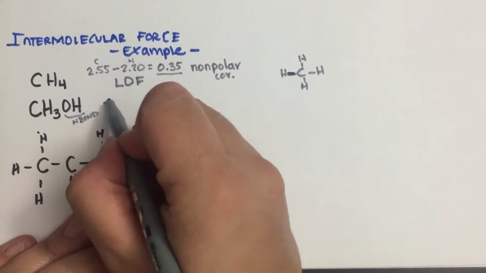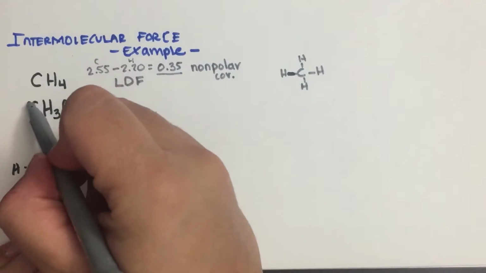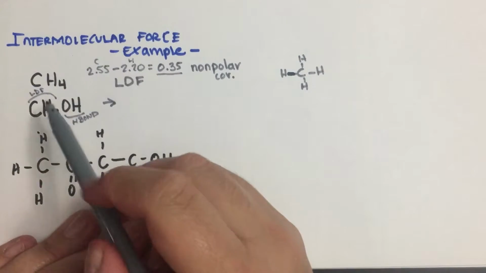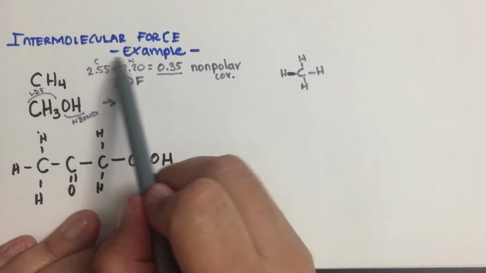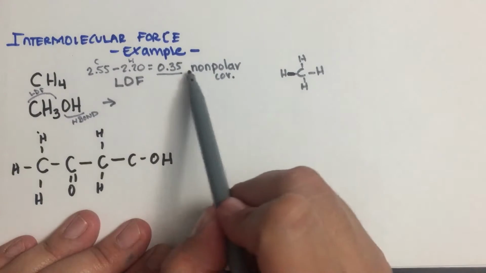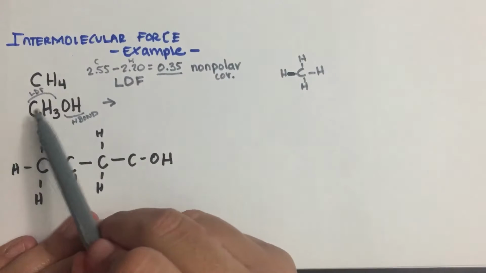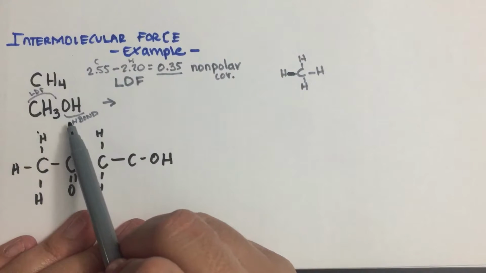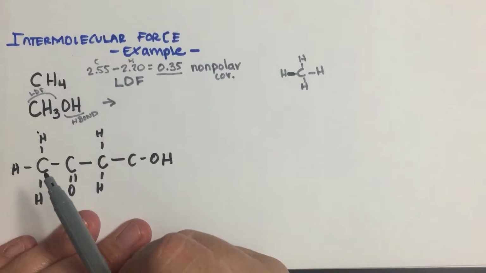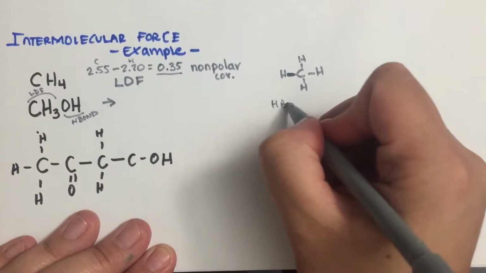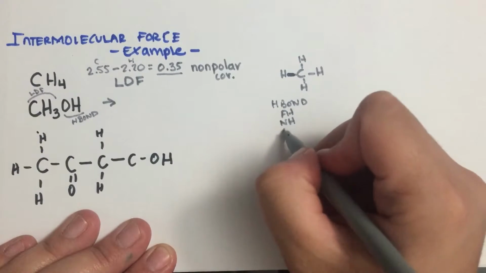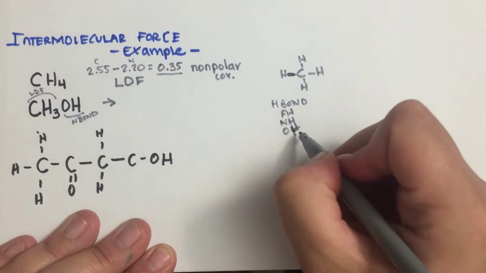So the forces present in this molecule are London dispersion forces for this section, which you just checked on top: carbon and hydrogen, it's non-polar covalent, so you have London dispersion force. And then you have hydrogen bonding because it's OH. Remember, for hydrogen bonding, it's FH, NH, or OH.